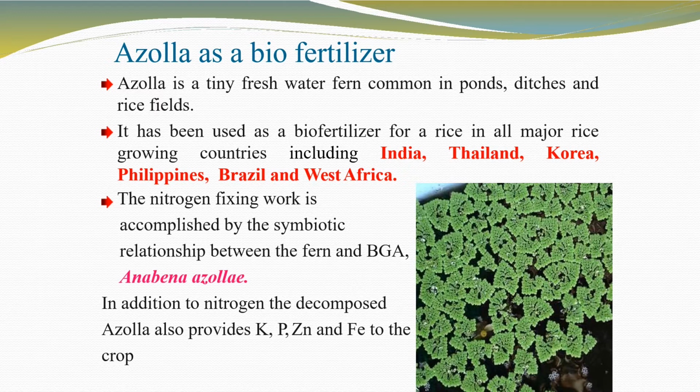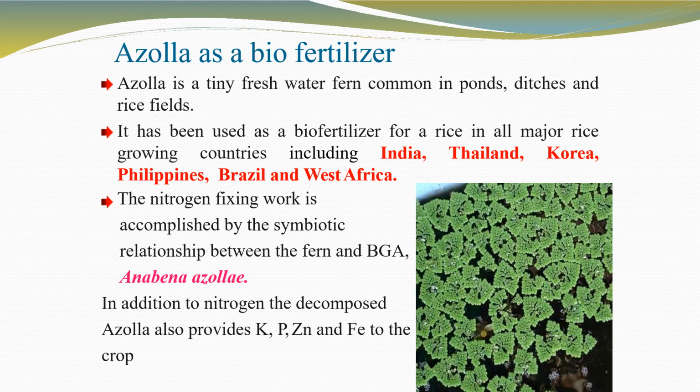Azolla is a tiny freshwater fern common in ponds, ditches, and rice fields. It has been used as a biofertilizer for rice in all major rice growing countries, including India, Thailand, Korea, Philippines, Brazil, and West Africa.